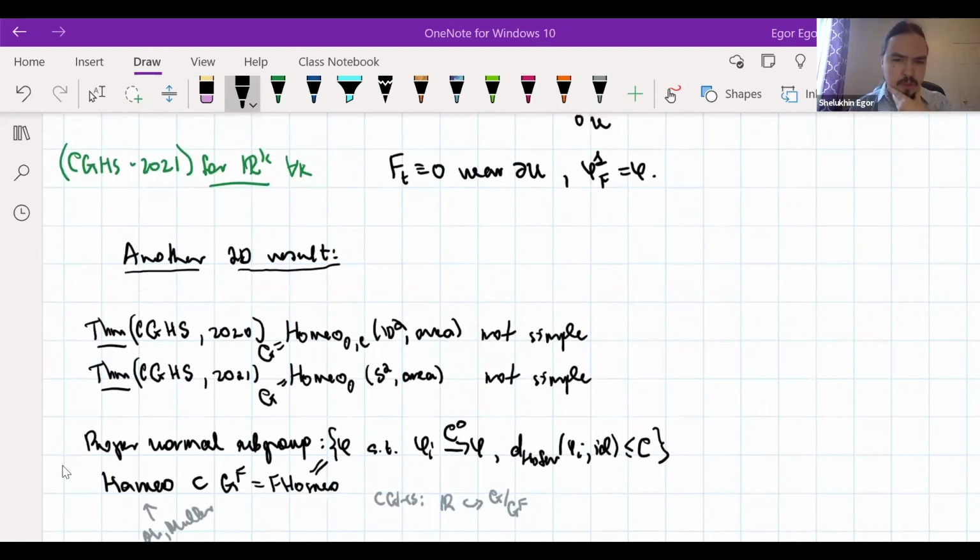To formulate our result, let me say a little bit more about the proof of these two theorems. To prove that something is non-simple, one must present a proper normal subgroup.